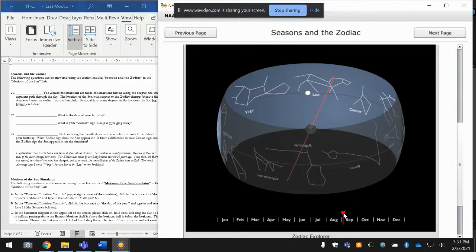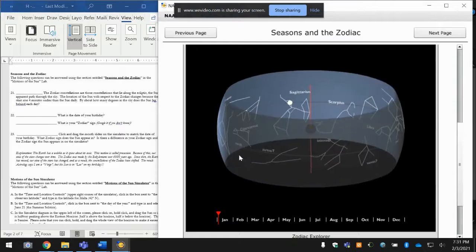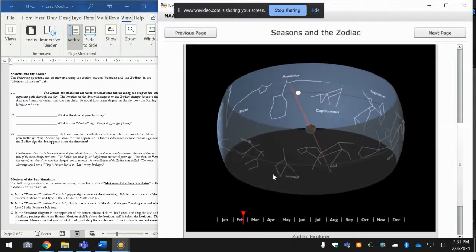So I'm just going to show you all the way through here. If your birthday is in early January, it's Sagittarius. Mid-January, Capricorn. Early February, Capricorn. Mid-February, Aquarius. Early March, Aquarius.